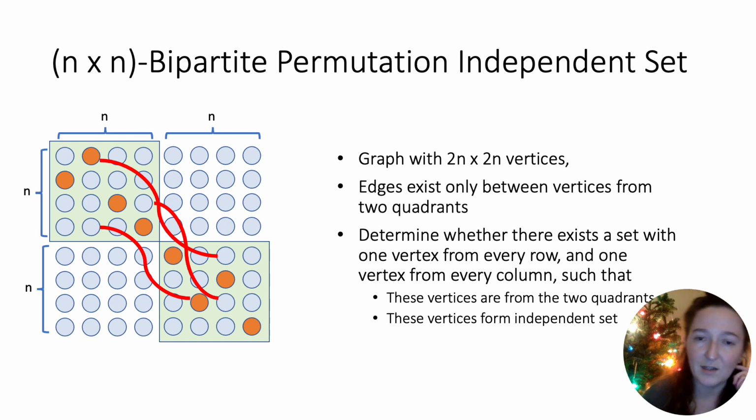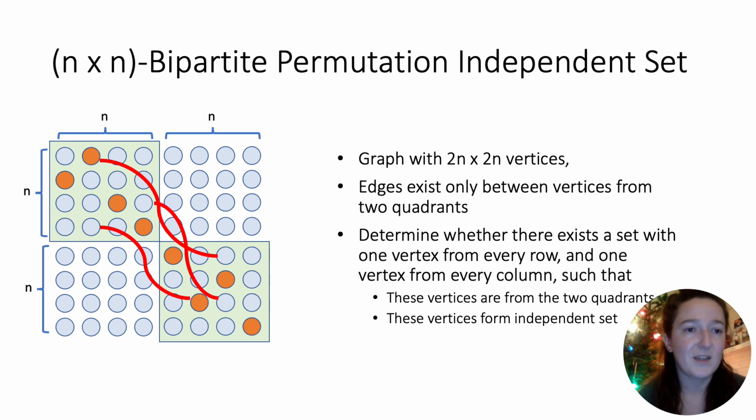This is an example of what would be the solution of this problem, like the proof that this is a yes instance. It looks complicated, but again, we choose exactly 1 vertex from each row and exactly 1 vertex from each column. By that, we define a permutation on the set of size 2n.